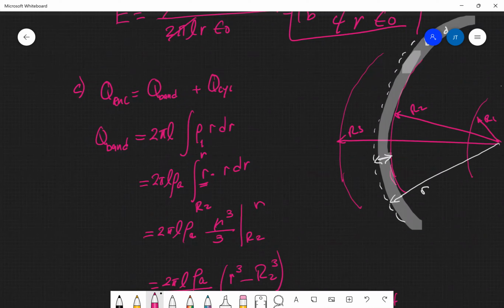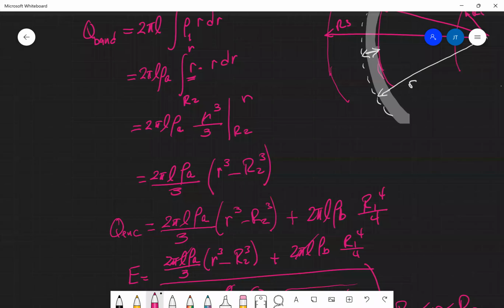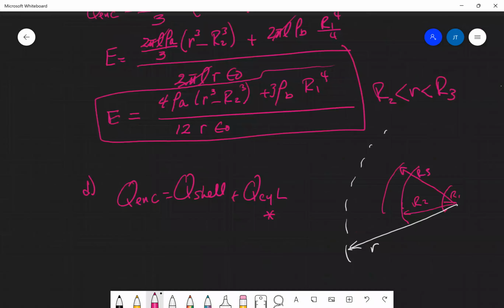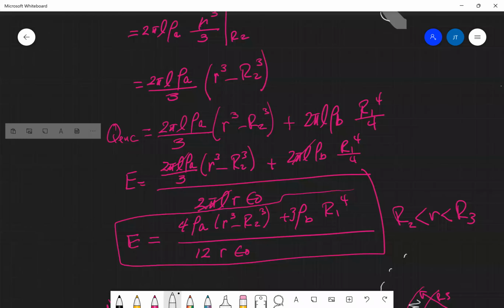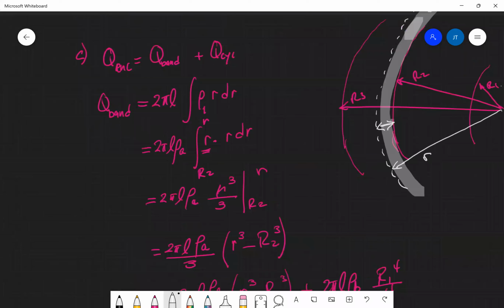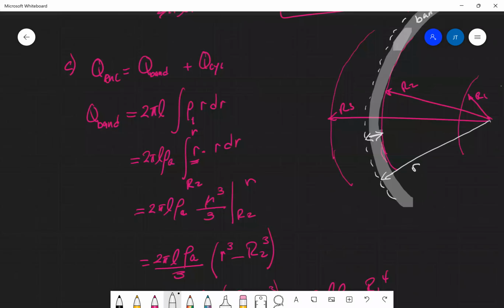What is the difference between computing Q for this band and computing Q for the shell? In other words, this area right here. Do it in a different color. How do I compute the total charge in that shell, knowing that I computed the charge for the band?